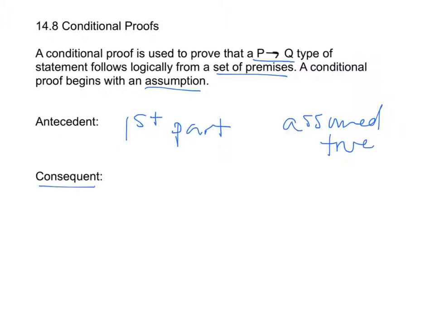A consequent is the second part of the conditional statement, and logical reasoning is used to demonstrate that the consequent is true. And if successful, it's demonstrated that if P is true, then Q must be true. So essentially, a conditional proof shows that the antecedent implies the consequent.